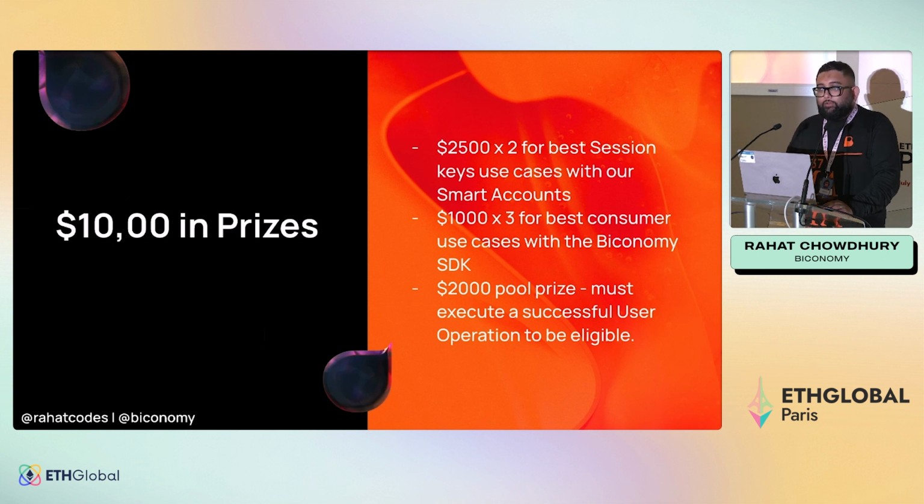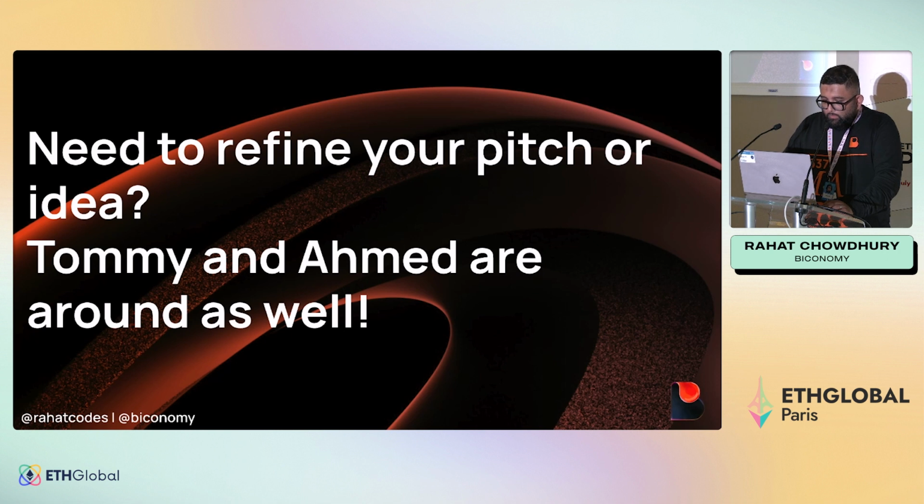So definitely take a look at that if you're interested in building with session keys. For anything else, we do have three $1,000 prizes for best consumer use cases in Web3, as well as a $2,000 pool prize. To be eligible for the pool prize, you just have to successfully execute a single user operation. So as long as you do that, you are eligible to be part of the pool prize.